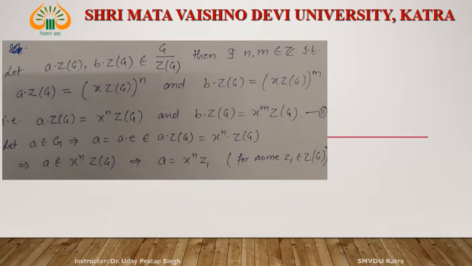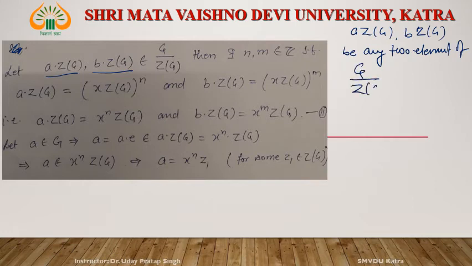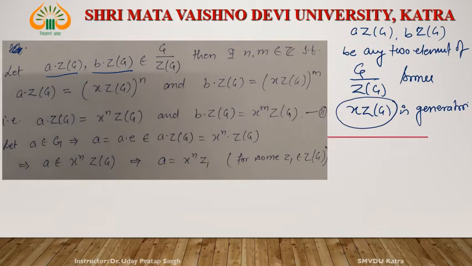Now see, aZ(G) and bZ(G) belong to G/Z(G). Let aZ(G) and bZ(G) be any two elements of G/Z(G), and since xZ(G) is the generator, this xZ(G) generates aZ(G) and bZ(G).